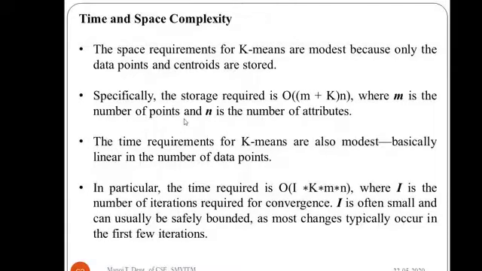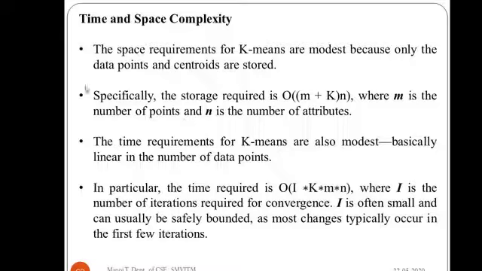At last we will see what the time and space complexity is for the k-means algorithm. The space requirements of k-means are very modest because only the data points and centroids are stored. Specifically, the storage required is O of (m plus k) times n, where m is the number of data points, n is the number of attributes, and k is the number of clusters we are going to form.